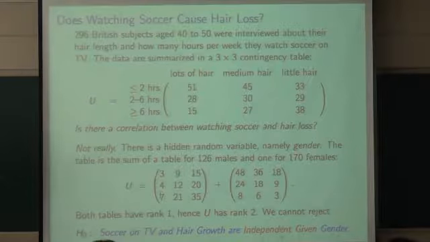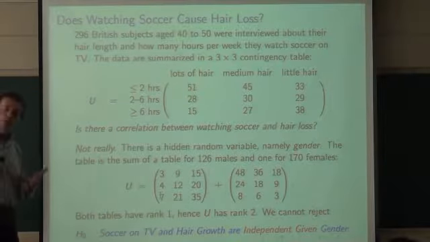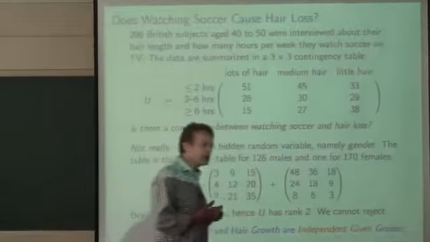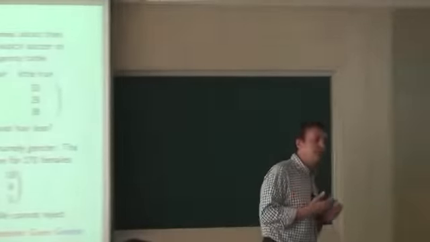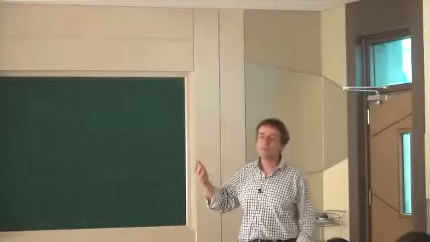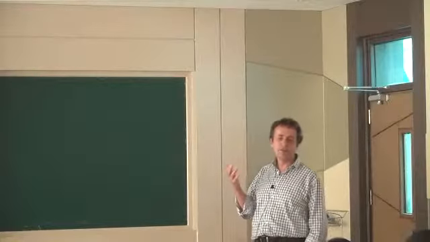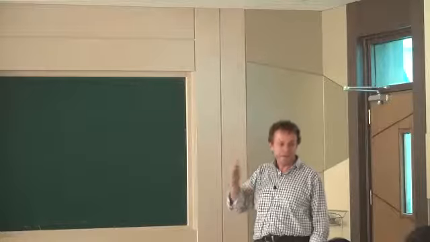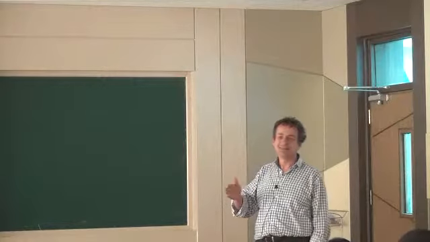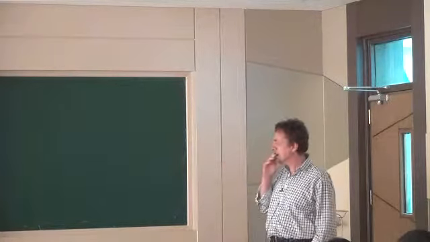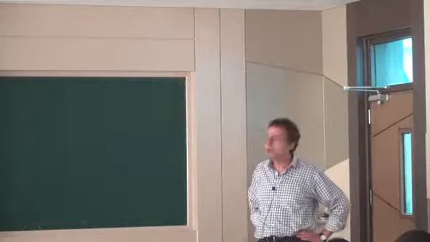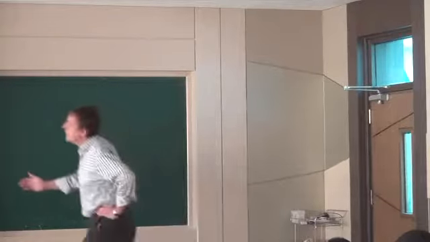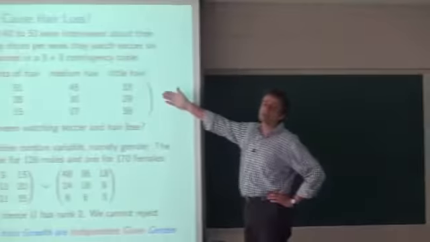So in this example, this was meant to illustrate the concept of conditional independence. In this fictional data set, hair length and watching soccer on TV are independent given gender. Is this clear? Very simple example, and it illustrates the concept of conditional independence and how a low rank structure on the matrix reveals the hidden variables.